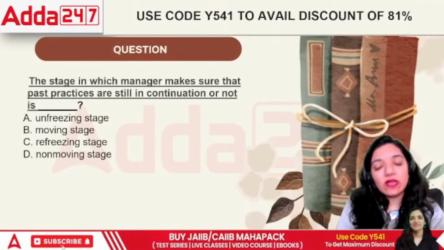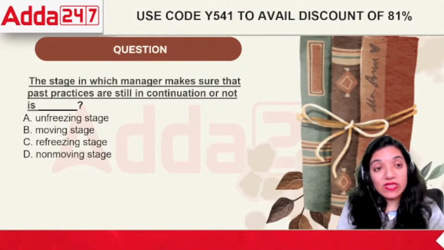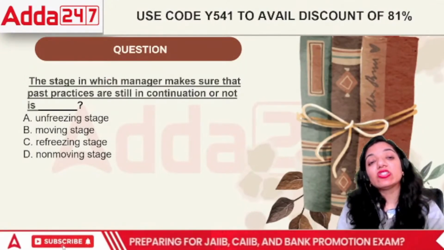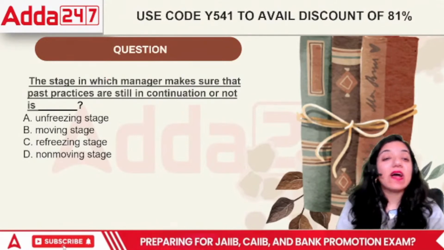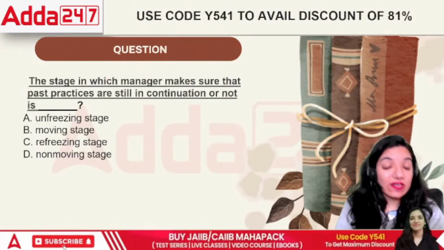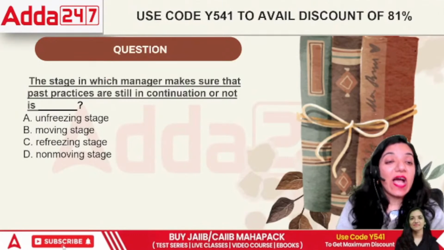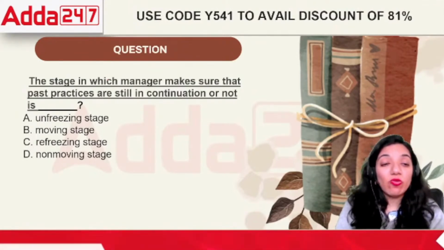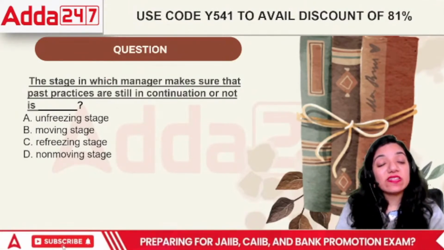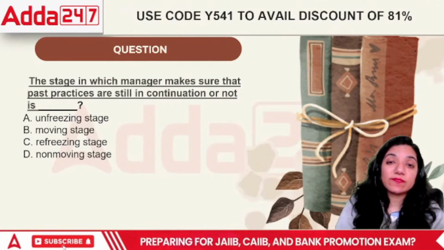Next point, a question from the area of management. The stage in which the manager makes sure that the past practices are still in continuation or not: unfreezing stage, moving stage, refreezing stage, or non-moving stage.